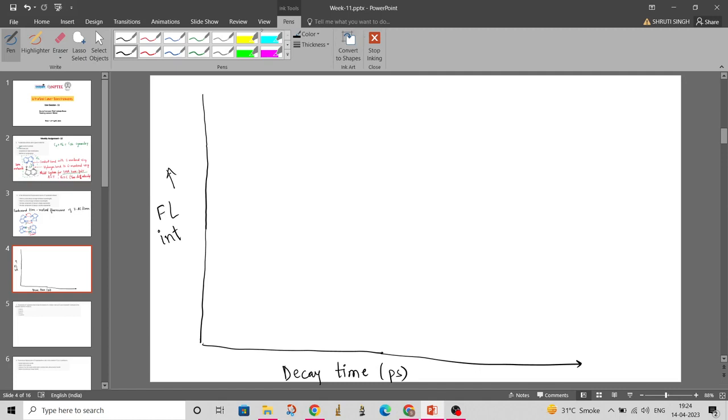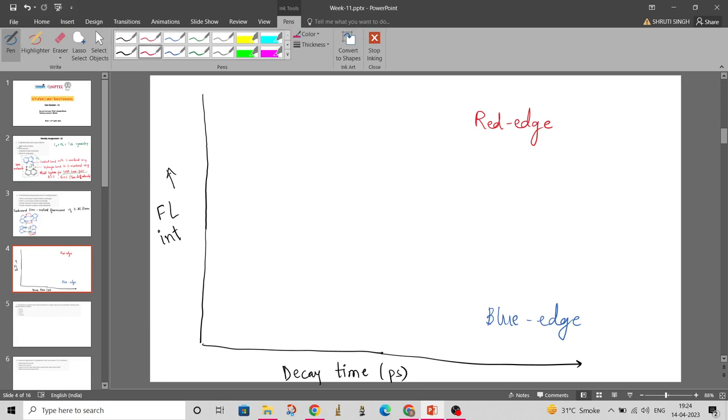Now at the red edge, and here I will draw the blue edge. I'm drawing only one wavelength.